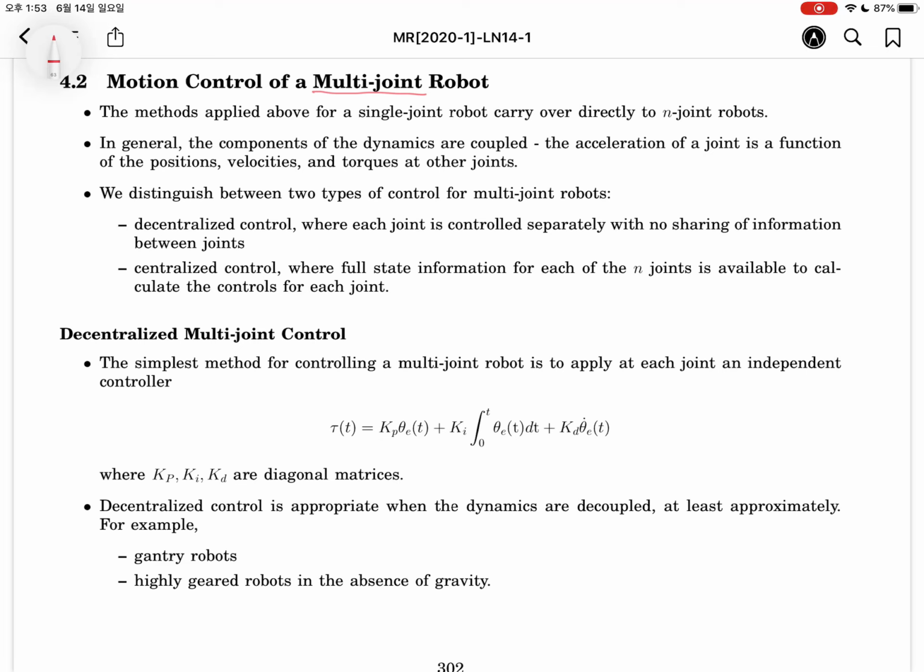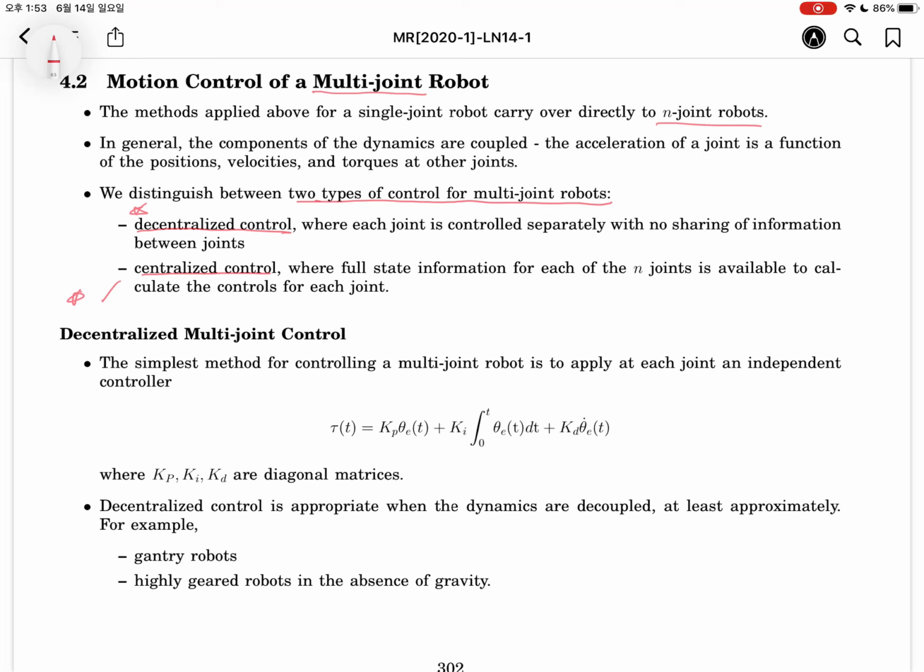The independent joint control is extended to the n-joint robot system, but we are not good at the terminology, so we will introduce two kinds of terminology, two types of control for robot systems. The first one is decentralized control. Another one is centralized control. Independent joint control belongs to this category. On the other hand, inverse dynamics control or CTC belongs to centralized control.